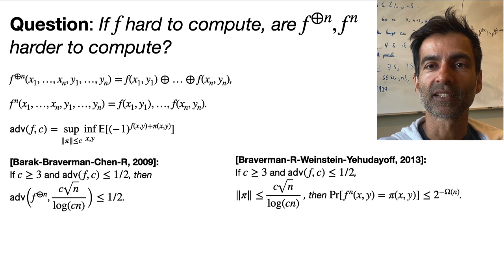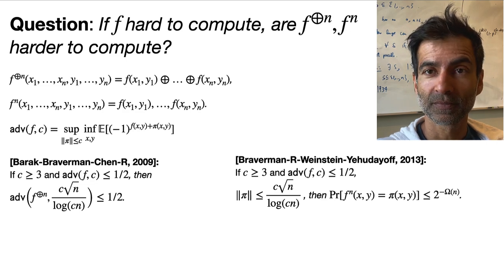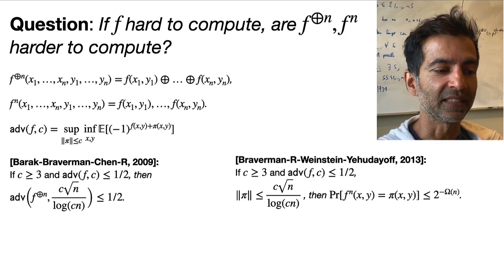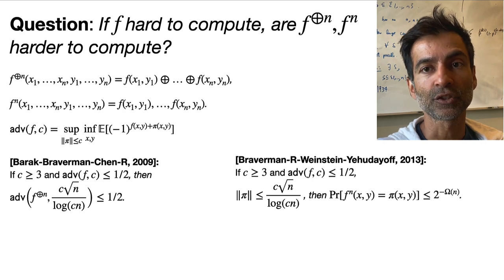Okay, you can think about that. So when f itself is the XOR, then the communication complexity does not grow. So somehow we need to exclude that example. In this result, that example is excluded by insisting that C should be at least 3.